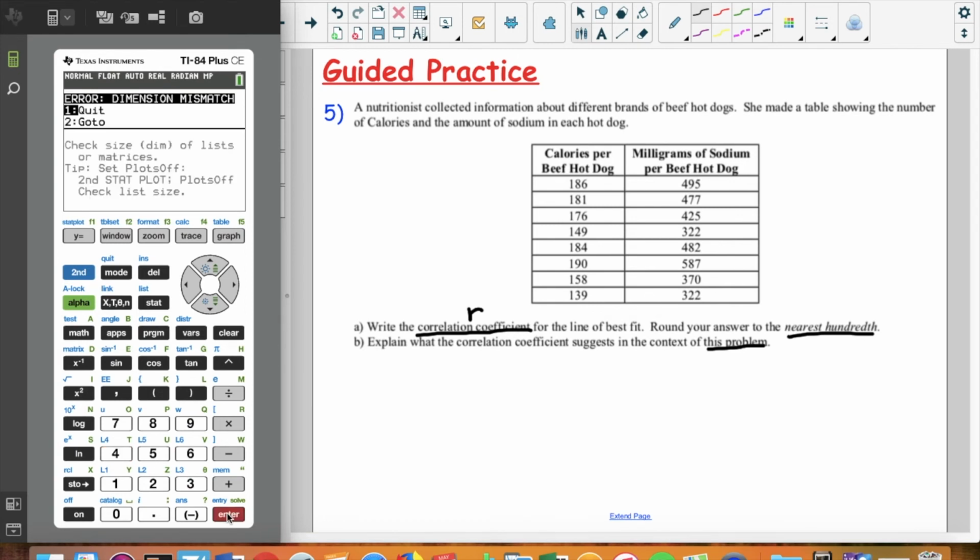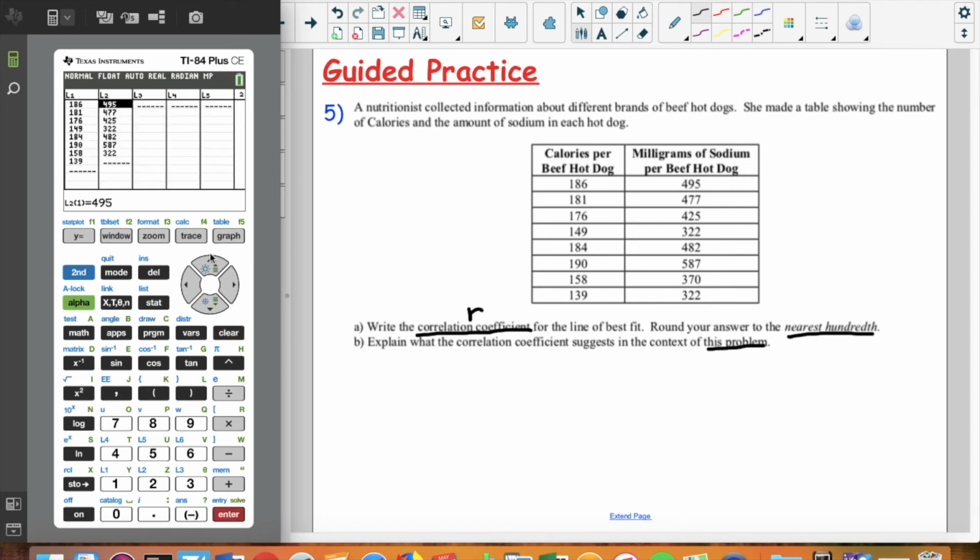Oh no, I have an issue. What happened? Whenever you get this message, it'll say quit or go to. I'm going to say go to my mistake. What did I do wrong? It's saying that there was something wrong in L1 and L2. Look what I did here. These two are different. The reason being is look at our data.